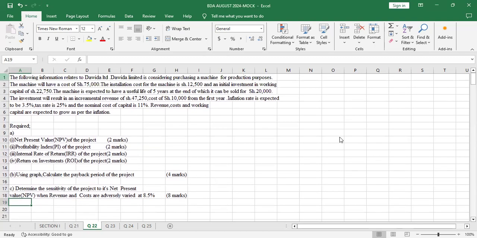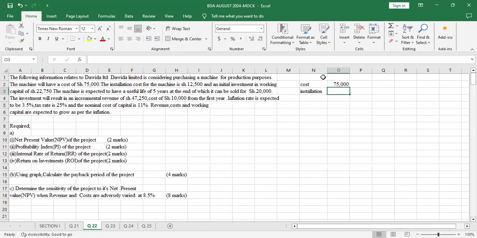So I'll start with analyzing the question. I'm told that the machine was bought at a cost of 75,000. So the cost of the machine was 75,000. Then we add the installation cost, which was 12,500.